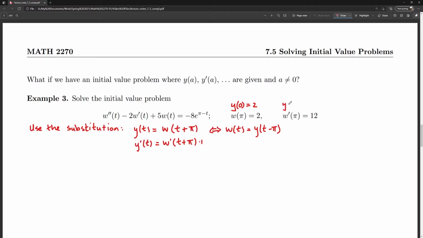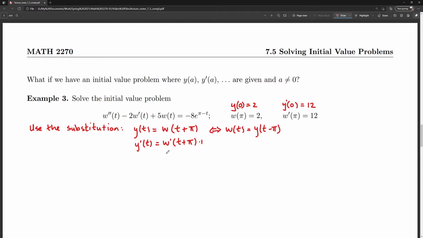So this would translate then into y prime at 0 equals 12. So if we use that transformation, then we can replace our initial conditions at any point pi by initial conditions at 0.